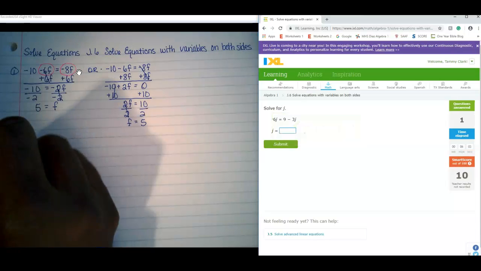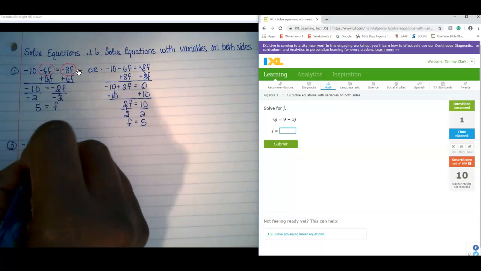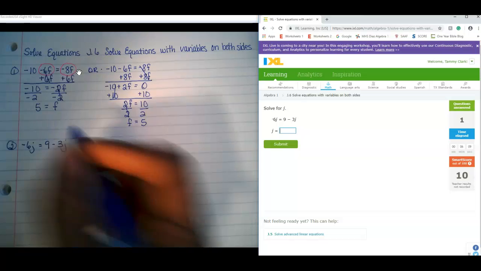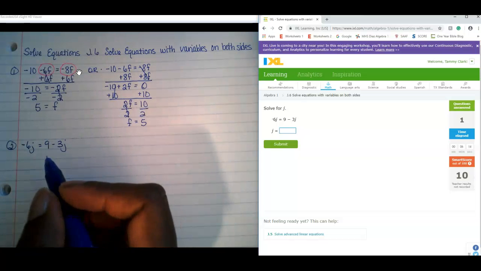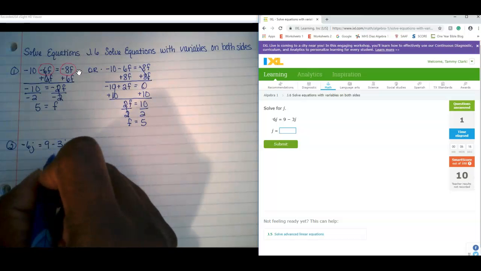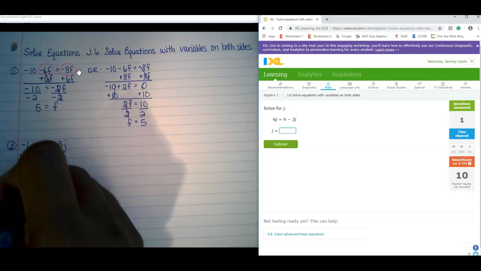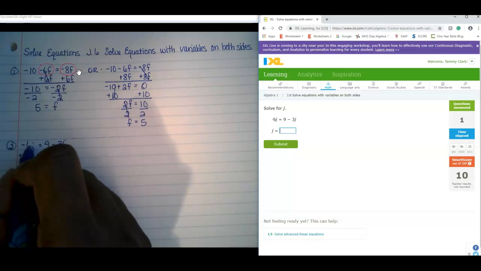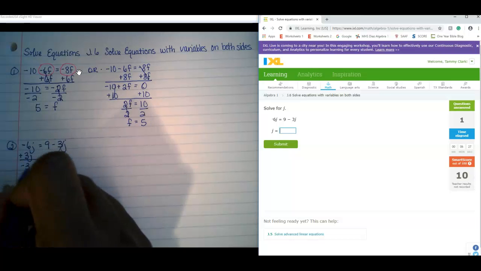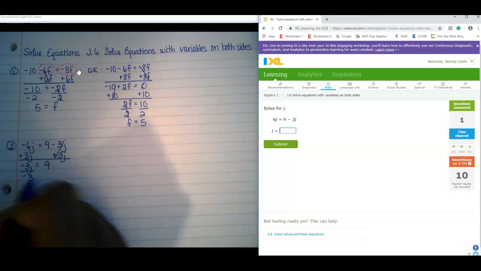Next, for number 2, we have negative 6j is equal to 9 minus 3j. So again, I could either just add 3j to both sides of the equation, and that leaves me, well, negative 6 has the advantage by 3, so negative 3j equals 9, divided by negative 3 on both sides of the equation.